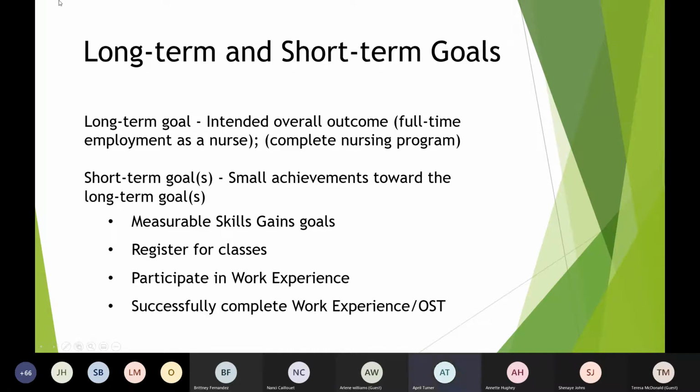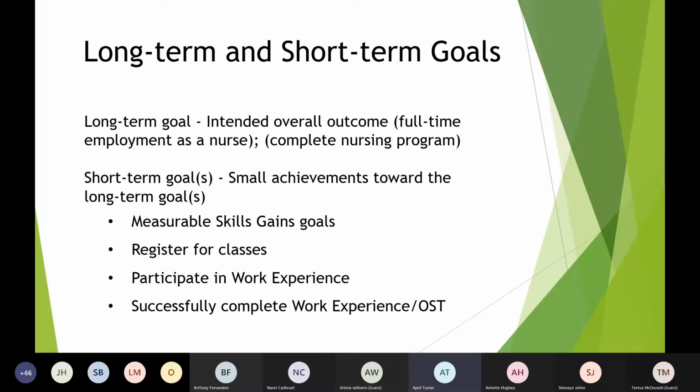With an IEP and an ISS, you need to be listing the long-term and the short-term goals for these participants. The long-term goals could be that they're going to go to training, and then they're going to get a job, and then they're going to go to work. And then their short-term goals, which could be many more.